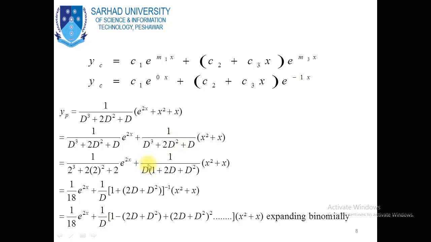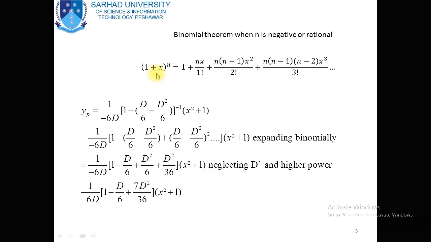Take the lowest degree term and consider one term will be the first term, and the other term represents the term x, and then use this binomial formula (1 plus x) power n: 1 plus nx divided by 1 factorial plus n into n minus 1 x square divided by 2 factorial plus n into n minus 1 into n minus 2 x cube divided by 3 factorial, and expand this binomial theorem according to the degree of the polynomial.